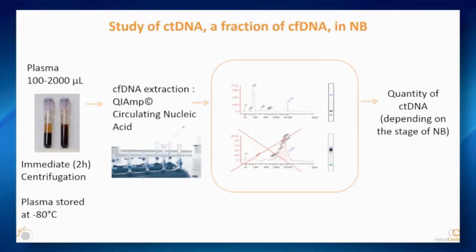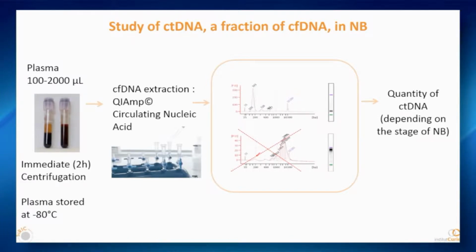So, of course, as we already heard, in the context of neuroblastoma, it can be really interesting to study circulating tumor DNA, which is a fraction of the cfDNA, a variable fraction, as we have heard, depending on different factors that we don't really know yet, probably linked to disease status, the disease load, the degree of necrosis of the tumor in place.